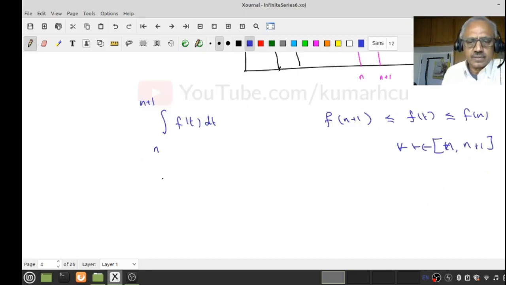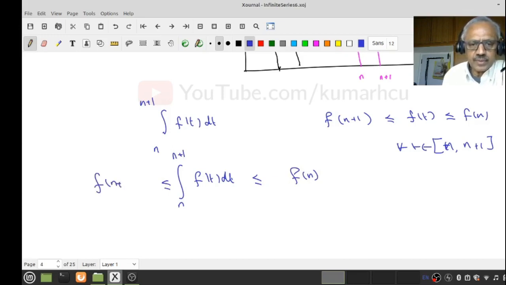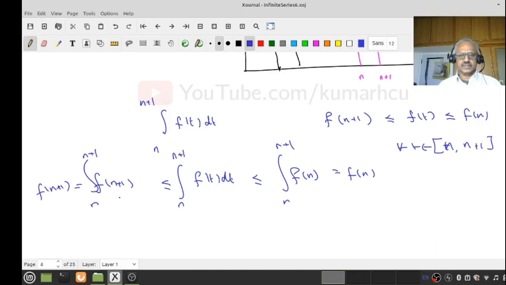Therefore this integral from n to n plus 1 of f(t) dt is dominated by f(n) times the length of the interval, which is 1, and is greater than or equal to f(n+1) times the length of the interval. Do you agree with that? This is a constant.